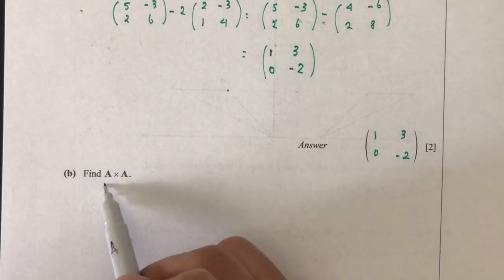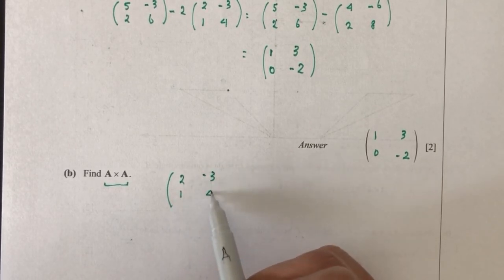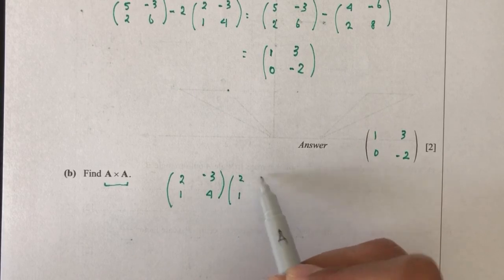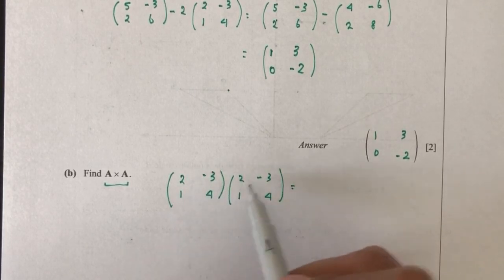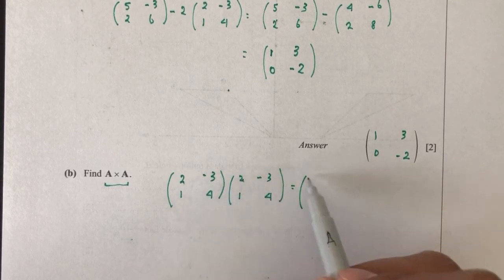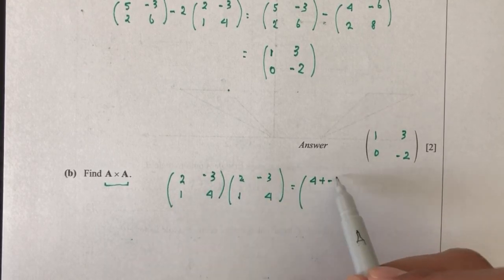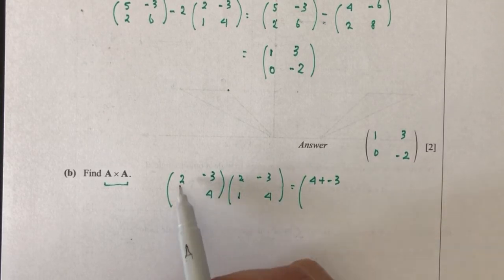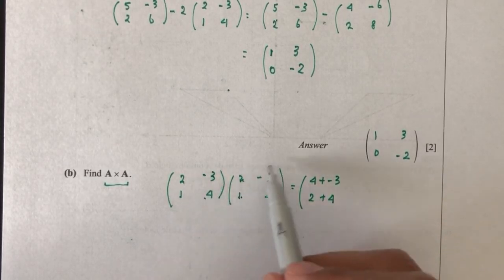Now find A times A. A is 2, 1, minus 3, 4, times the same thing. We have to do row by column. So row is 2 times 2 is 4, plus minus 3 times 1 is minus 3. That's the first one. Now this one, 1 times 2 is 2, plus 4 times 1 is 4. And this one, row by this column now.